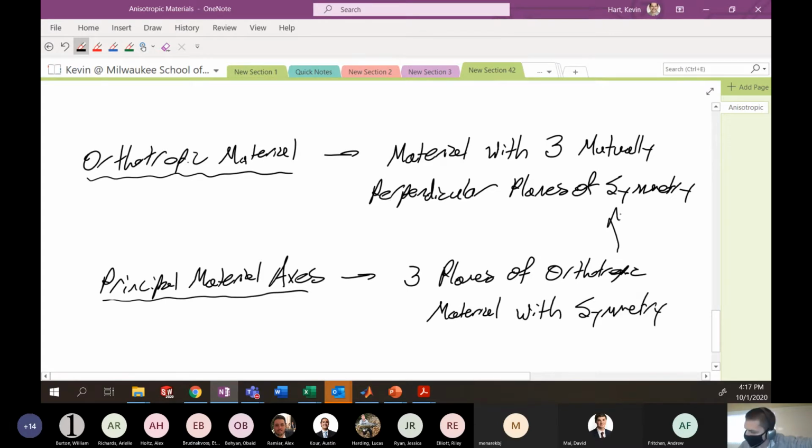So it's basically those planes described up above for this orthotropic material.